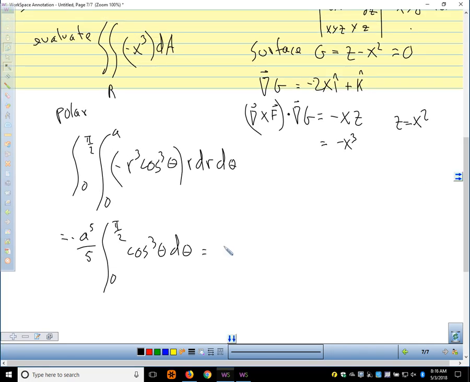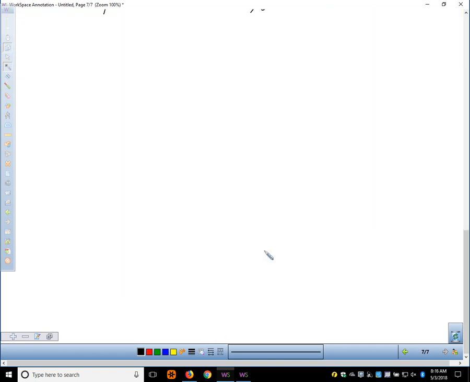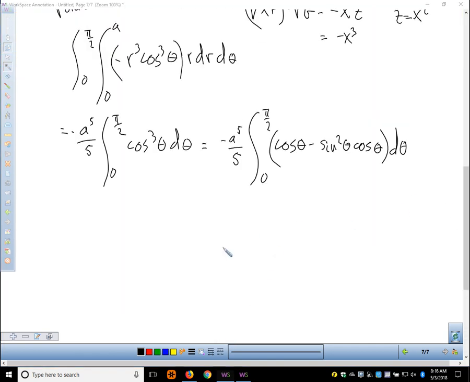So this is going to equal minus a to the fifth over 5, integral from 0 to pi over 2. I'm going to substitute for cosine squared, 1 minus sine squared. So we get cosine theta minus sine squared theta cosine theta d theta. And that's a nice, easy integral to evaluate. When I evaluate this, I get minus 2a to the fifth over 5.